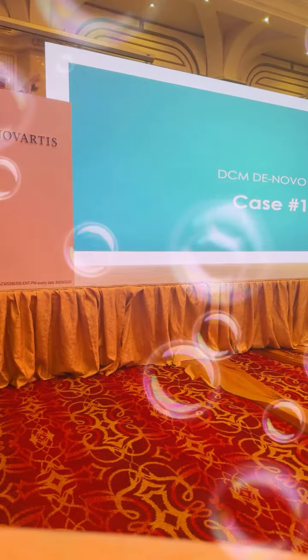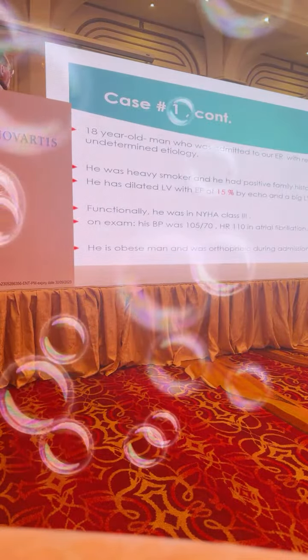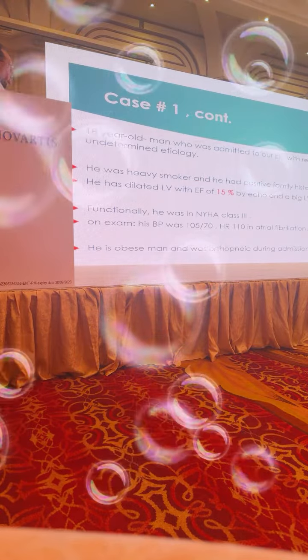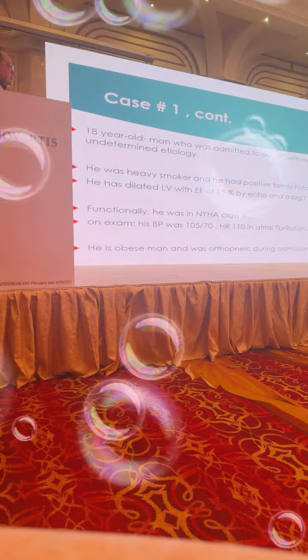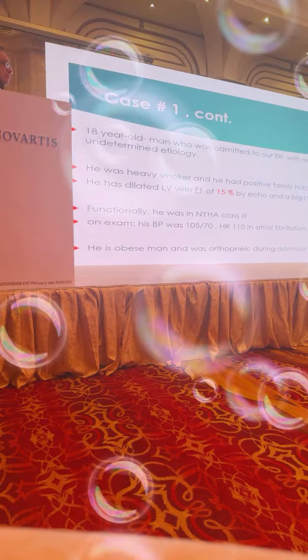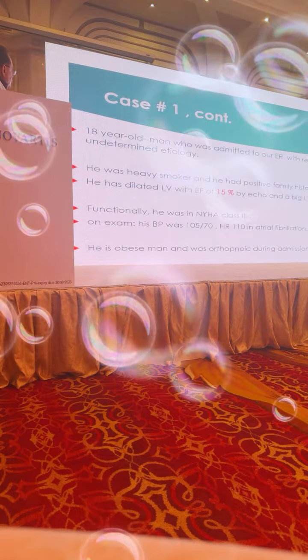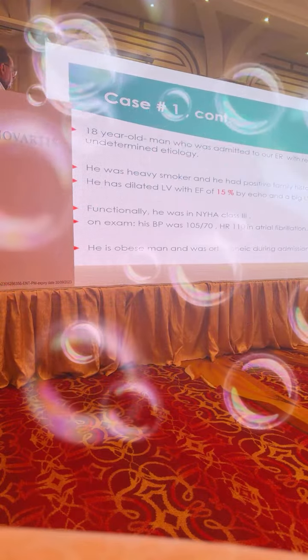First case, which you see in your practice every day. An 18-year-old male patient admitted in our ER. This is our real patient in our ER, with recent diagnosis of dilated cardiomyopathy. He smoked and has a positive family history of dilated cardiomyopathy.